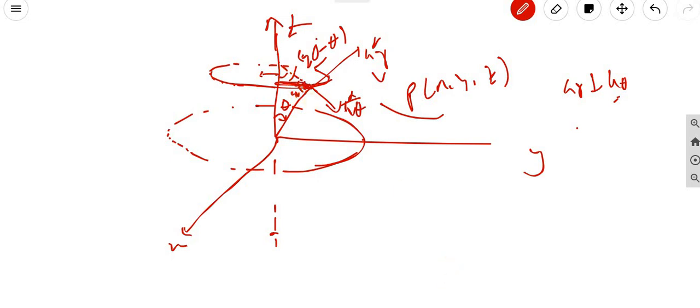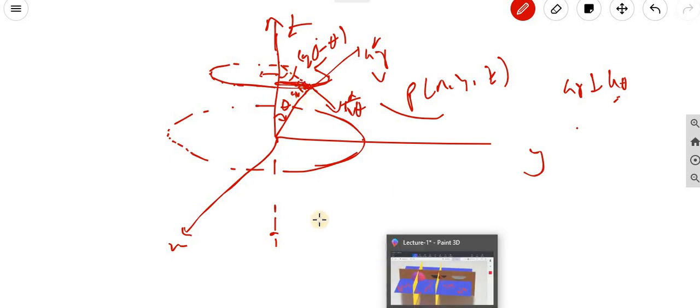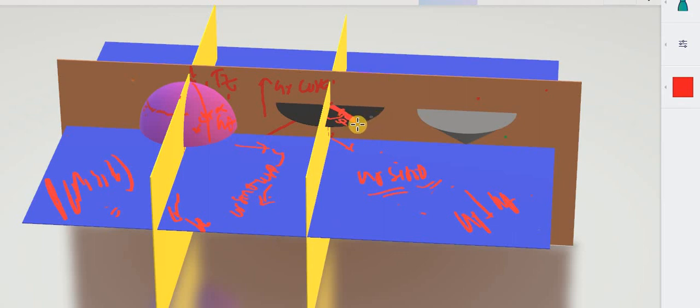A theta is acting in this direction, so we get one component down along z and one component along this.